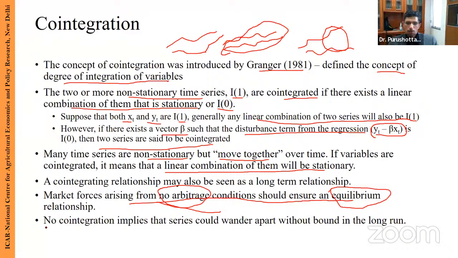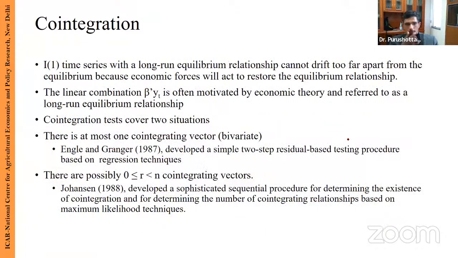So if there is no co-integration, that implies that the series wander apart, and the difference will diverge further in the long run. So two non-stationary, or I1, time series with a long-run equilibrium relationship cannot drift too far from the equilibrium, because economic forces will act and restore the equilibrium relationship.